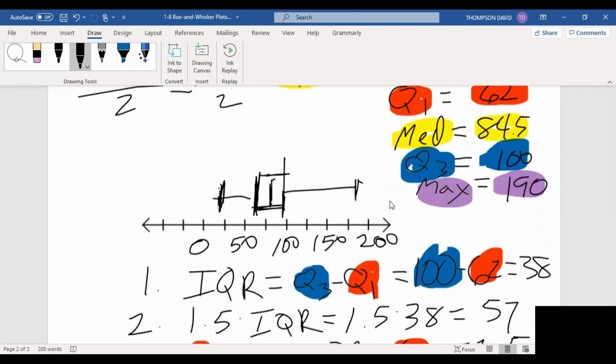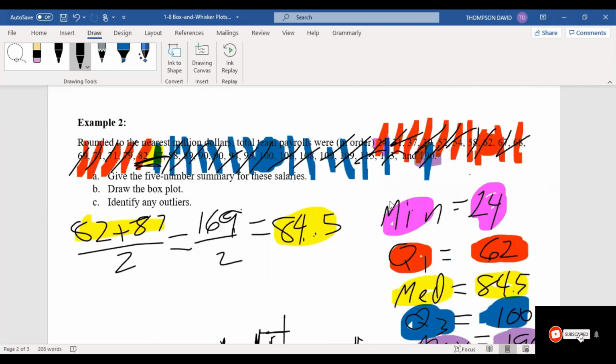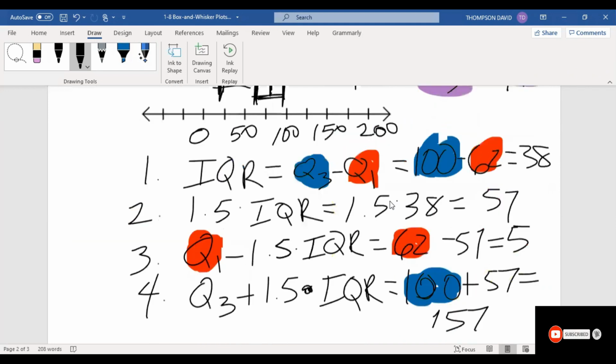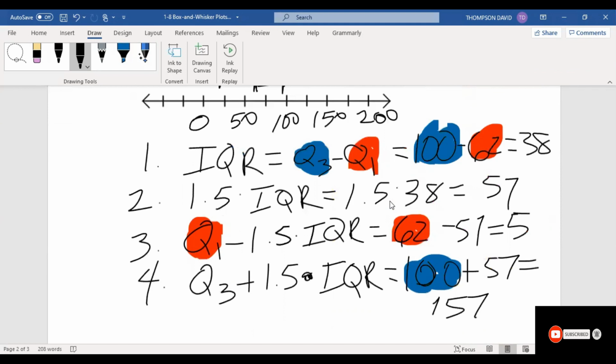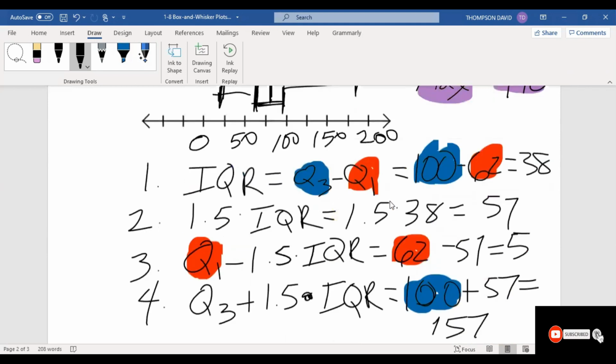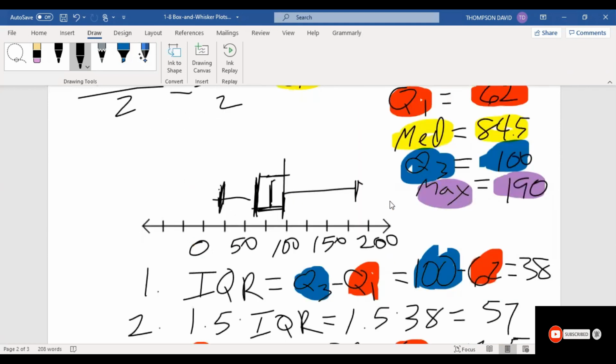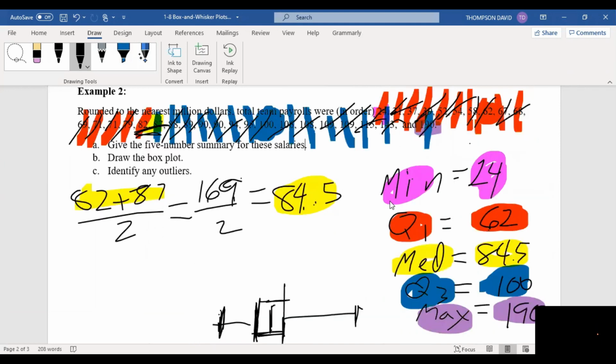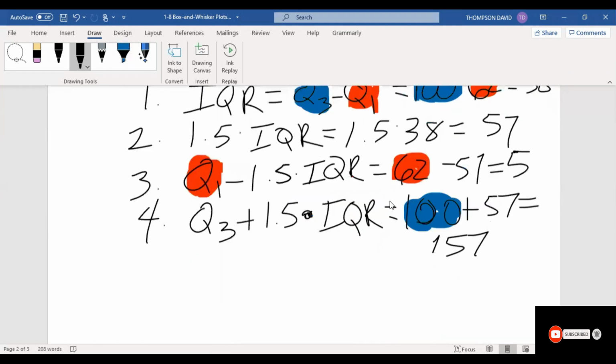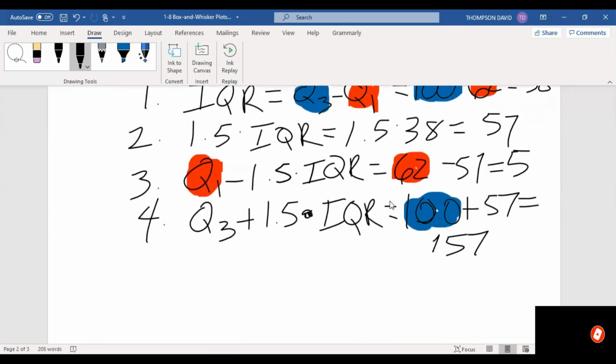So what we need to check next is our list of numbers. Our smallest number is 24. We're asking ourselves, is 24 smaller than 5? Our answer is no. We ask ourselves, is 190, which is our biggest number, or are there any other numbers, bigger than 157? 190 is bigger than 157. So we say 190 is greater than 157.